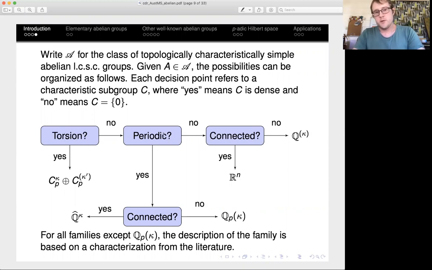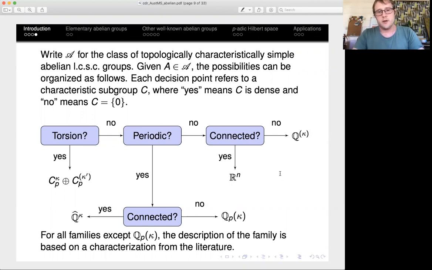Then, do all the elements generate a compact subgroup? Does each element live in a compact subgroup? And then is it connected or totally disconnected? Most of the classification was already there in the literature. The one exception was this last class, where it's totally disconnected, periodic and torsion-free, where I couldn't find a classification out there. So I had to figure out how to characterize these groups.